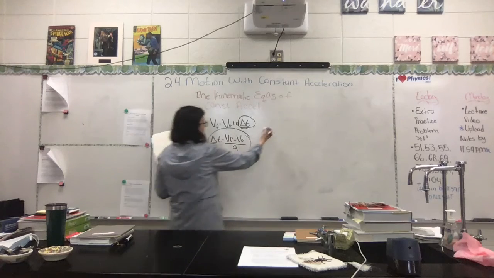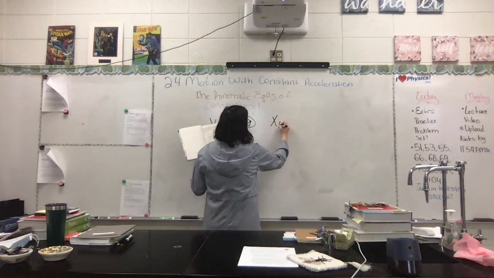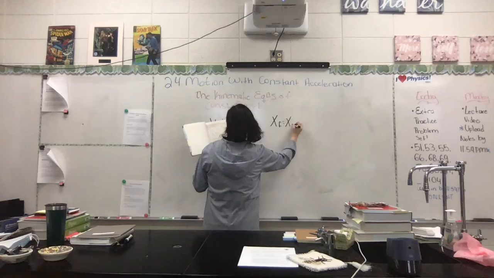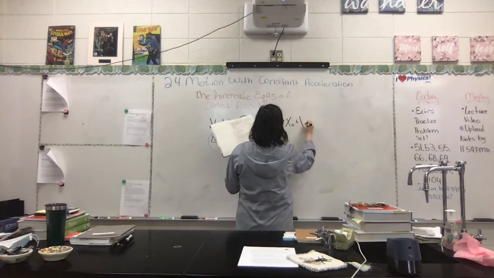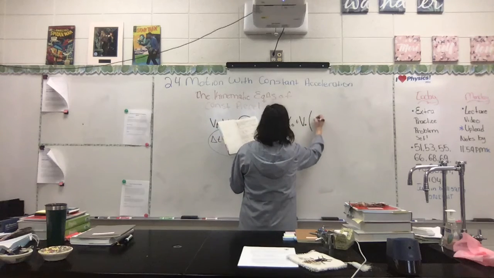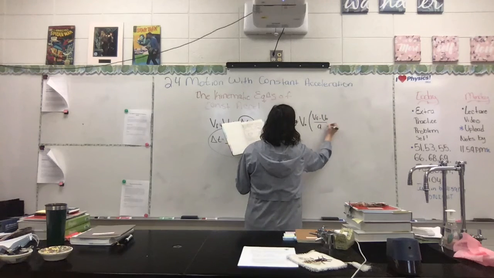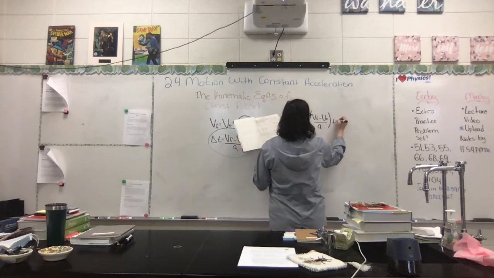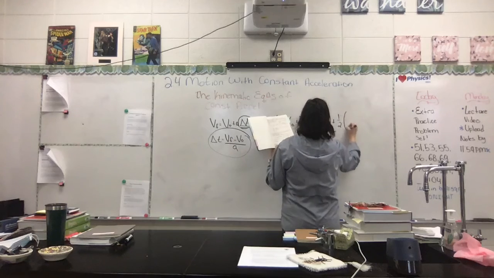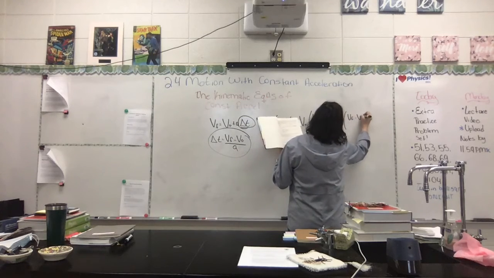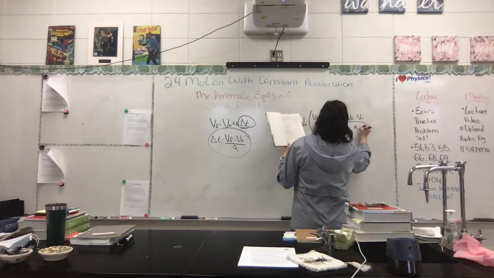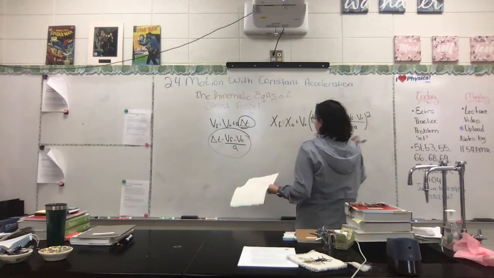When we plug this into that equation we just found, we get that XF is equal to X naught plus V naught times (VF minus V naught over A) plus 1/2 A times (VF minus V naught over A) squared.